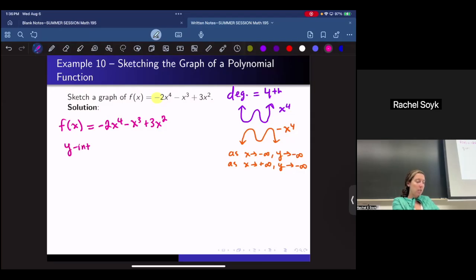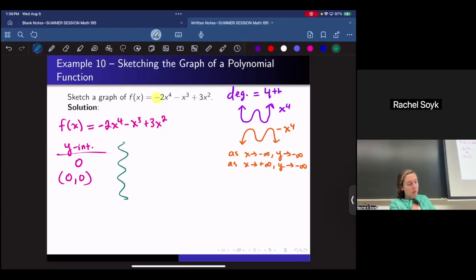So let's just very easily calculate our y-intercept. That's just going to be 0, right? You plug in 0 for all your x's and everything just shoots to 0. So your y-intercept is 0, which as a coordinate point, is just (0, 0). But for your x-intercepts, we want to do some factoring.